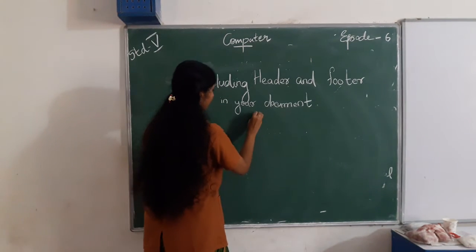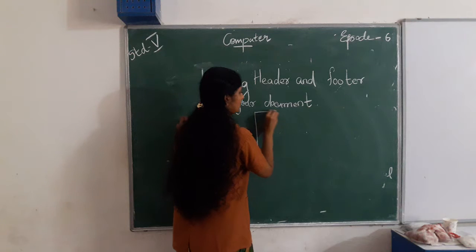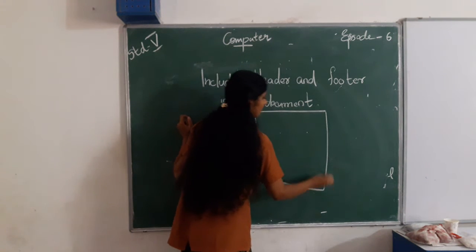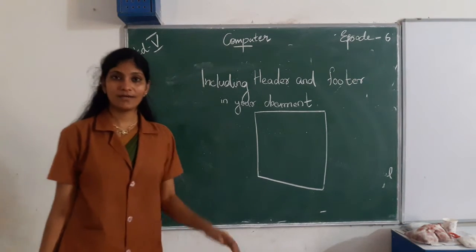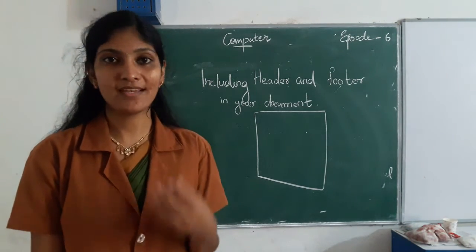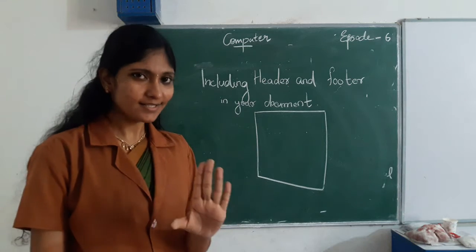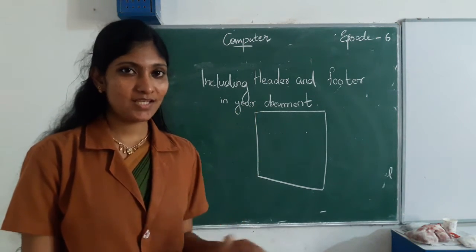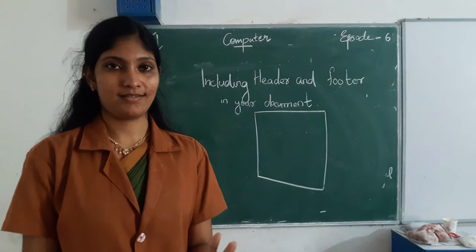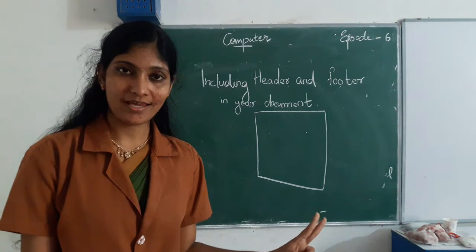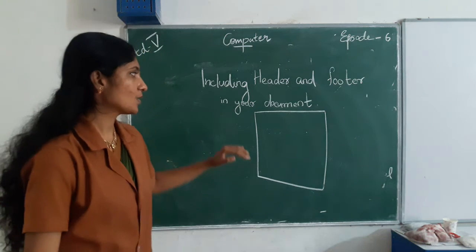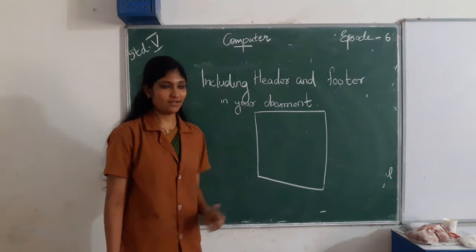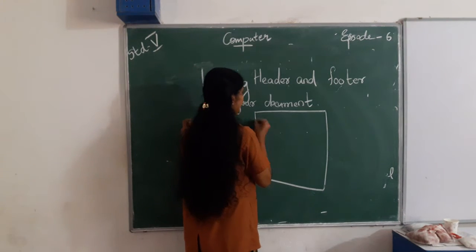Just consider this is your page. We know a Word document has many pages. So, let's consider this is a page. In that page there are two sections, a header section and a footer section.